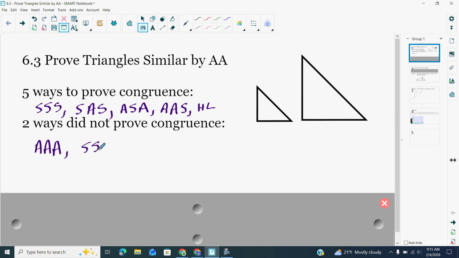Side, side, angle also did not work. So two congruent sides: if the angle in between them was congruent, we had congruent triangles. But if it's another angle that's not between those two, those are not necessarily congruent triangles.